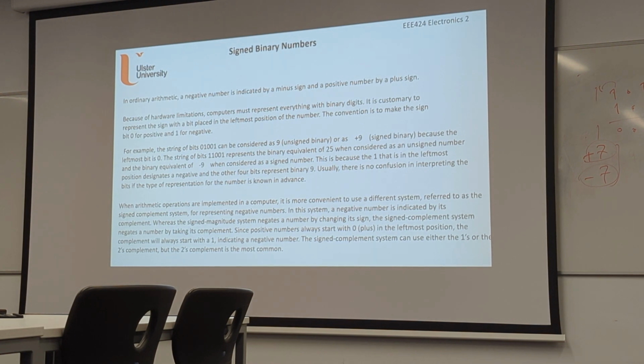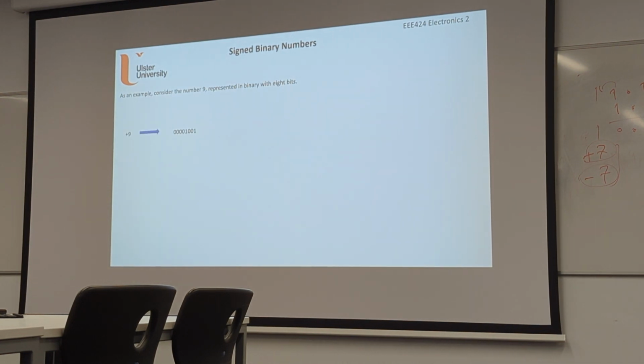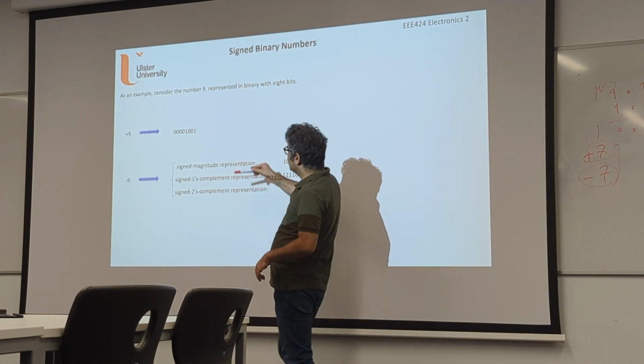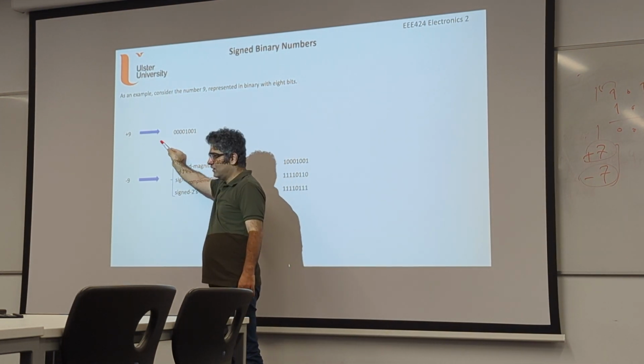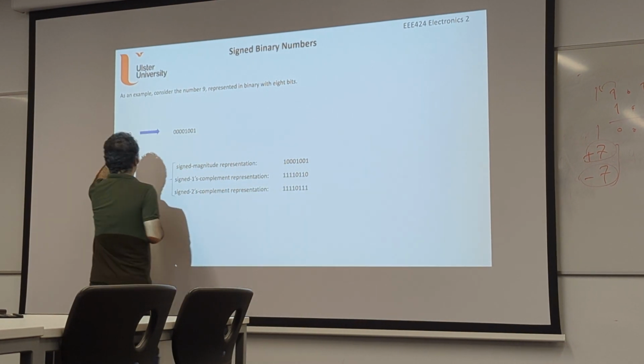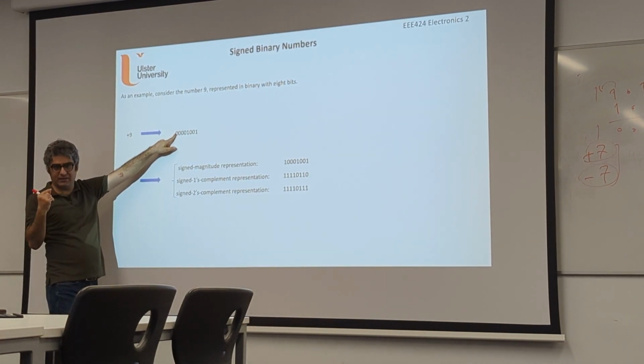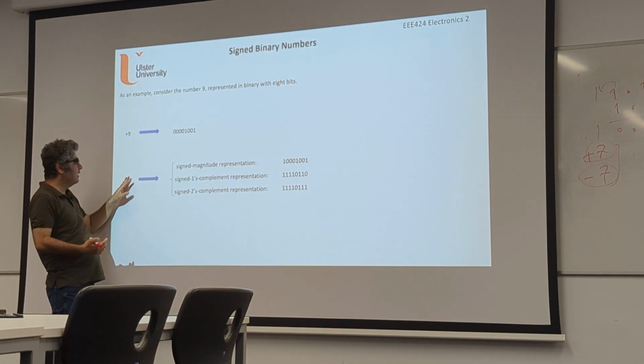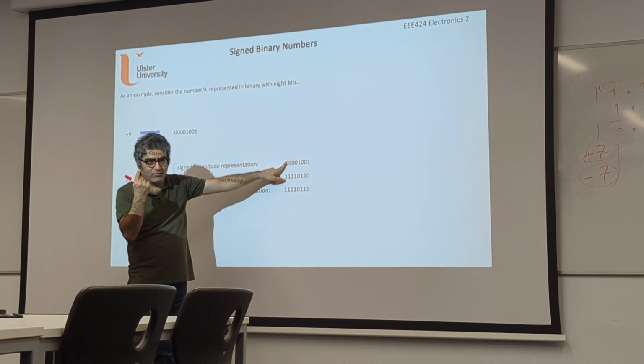So, here, for example, I give you some examples of this. It's a positive 9. It can be negative 9 defined by 3 bases. So, sign magnitude representation. Here is positive 9, we know 9, with the leftmost 0. We know that when we talk about sign, it would be the sign. So when we want to mention that as a minus 9, we keep the leftmost part as 1.